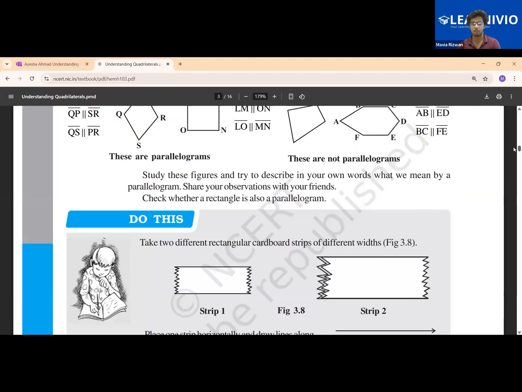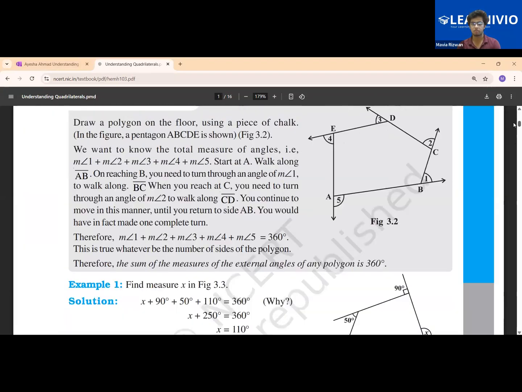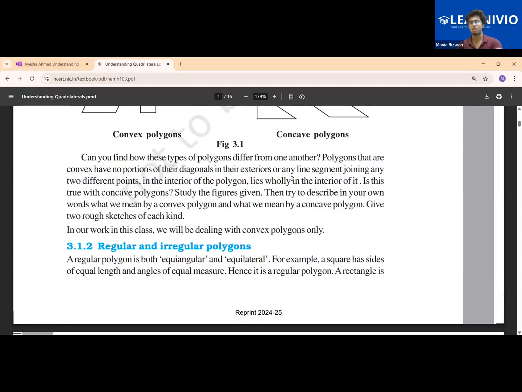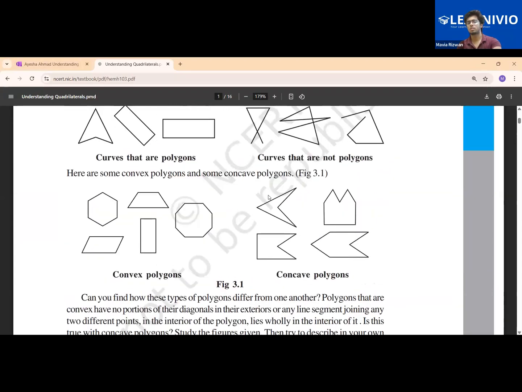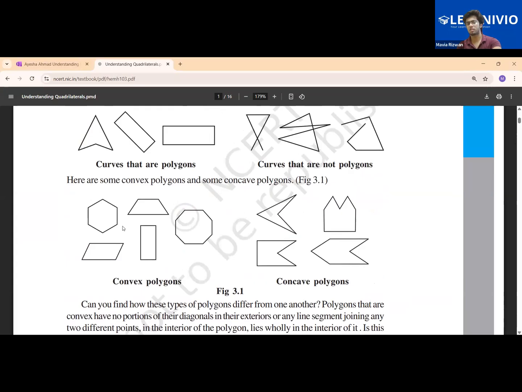I said these are convex quadrilaterals. Let me show it to you. See, these are convex polygons, and these are concave. Concave is basically when an interior angle is more than 180.